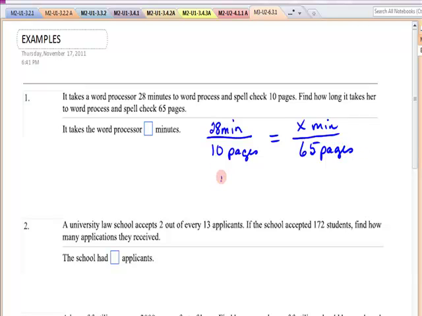All right, step number 1, I'm going to do the cross product that involves the two numbers. So I have 28 times 65, grab my calculator, and I get 1,820.